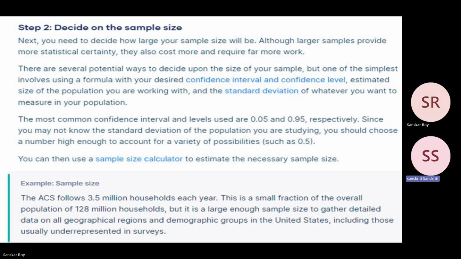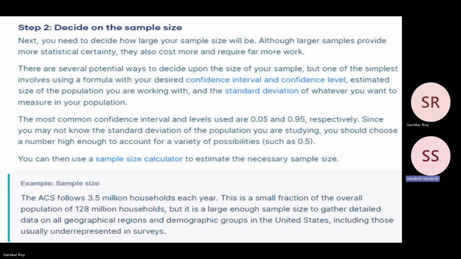There are several potential ways to decide upon the size of the sample, but one of the simplest involves using a formula which takes your desired confidence interval and confidence level, an estimate of the size of the population you are working with, and the standard deviation of whatever you want to measure in your population.